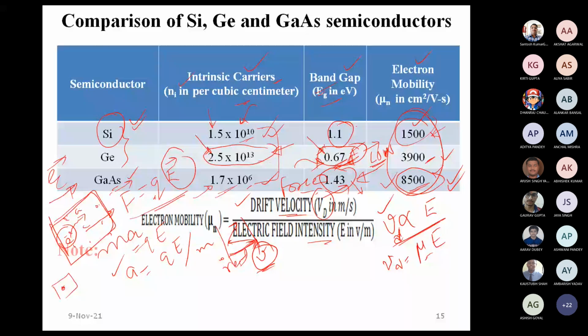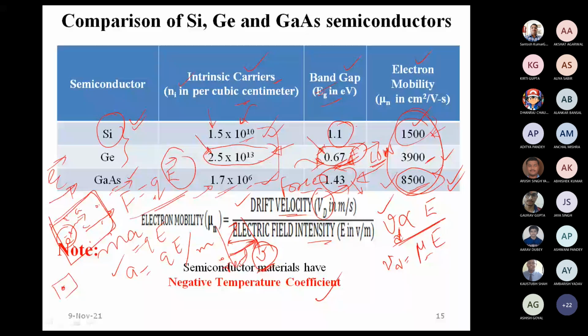So semiconductor materials have a negative temperature coefficient, which we will see later on. Negative temperature coefficient means as we increase temperature, the resistance tries to decrease. Positive temperature coefficient means if we increase the temperature, then the resistance increases.